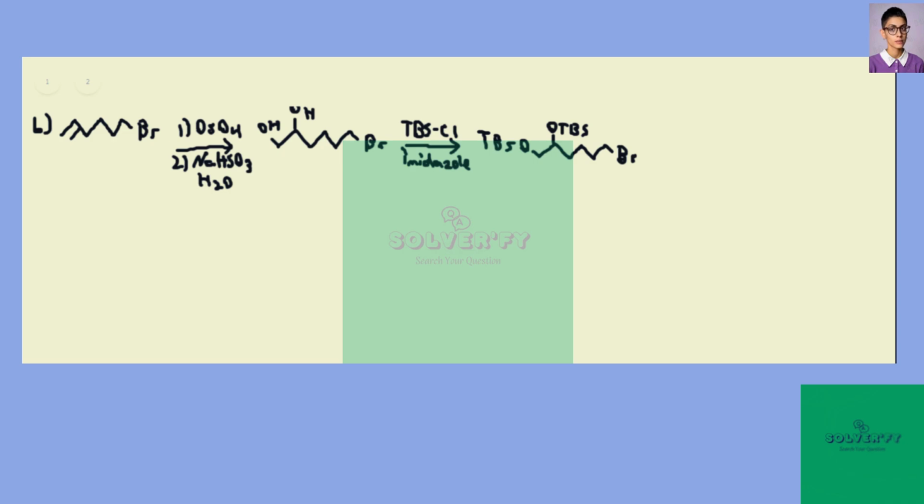Okay. Now we can again use the copper lithium chemistry from this chapter, just like in part A.